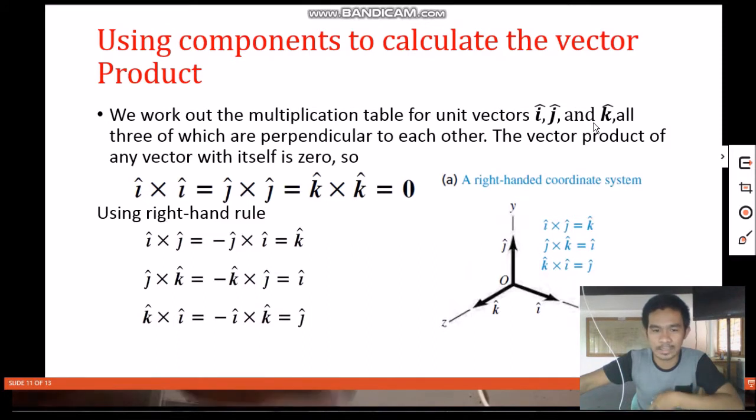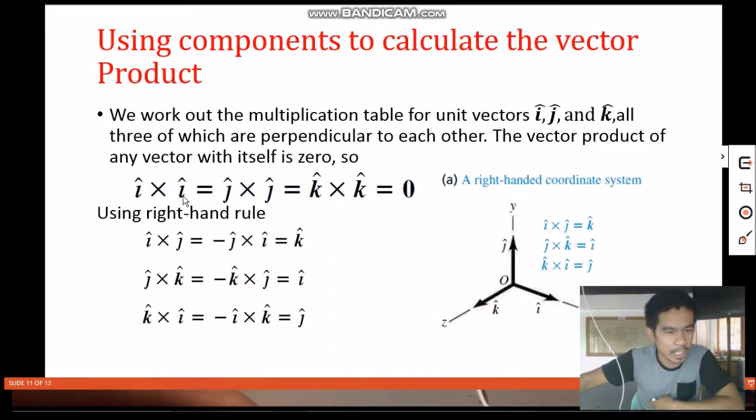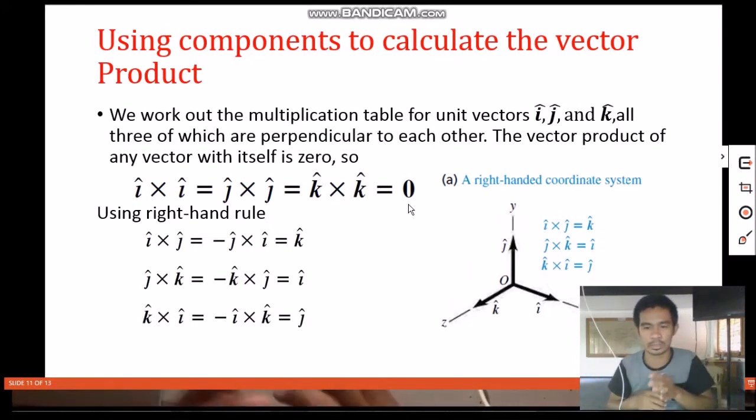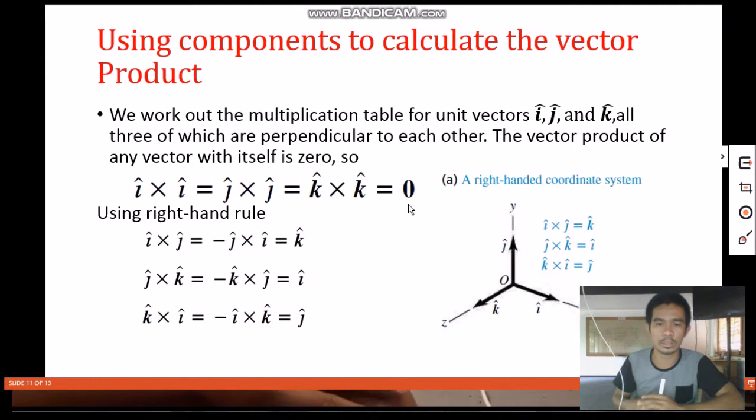So i hat cross i hat, the same direction, equals 0, j hat cross j hat is also 0, and k hat cross k hat equals 0. We're going to use the right-hand coordinate system, not the left-hand coordinate system.